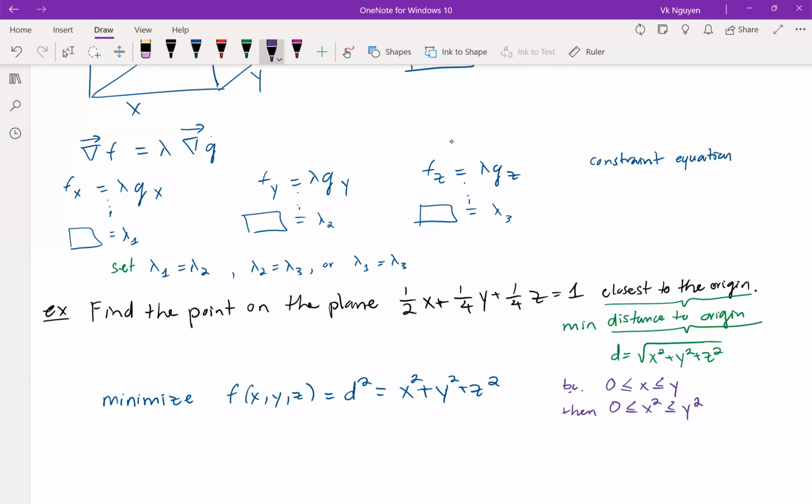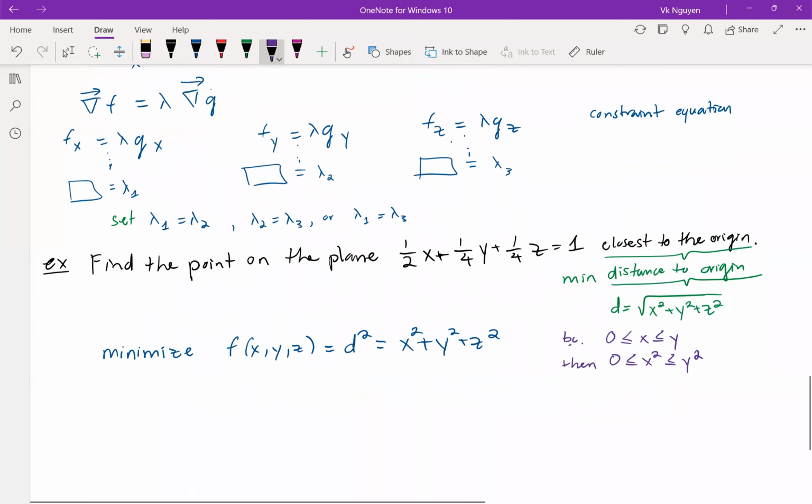That is true. So it's better to use d² than the square root. And then the constraint is, well, the plane itself.